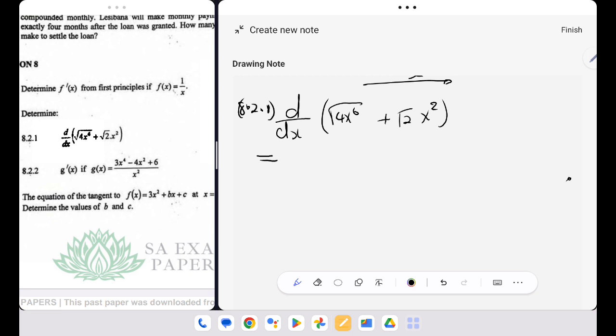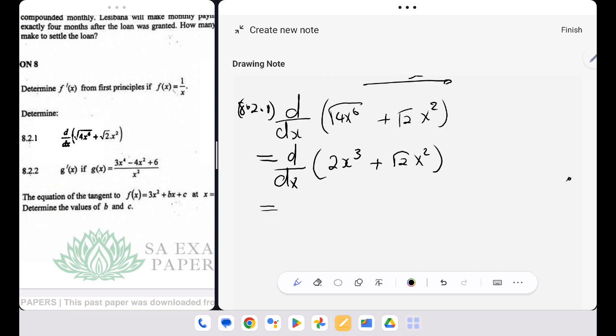If I don't have surds on the unknowns, I'll just leave it like that. So I'll have d over dx equal to this will become 2x to the power 3 plus root 2 multiplied by x squared. So now I no longer have surds.